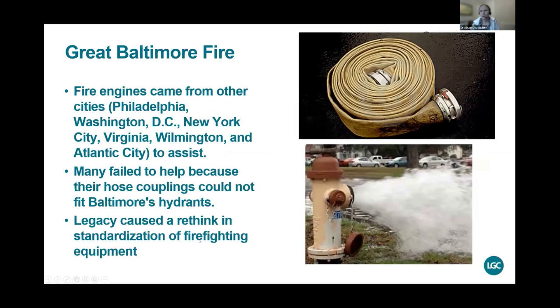Although many fire engines came from other cities to help, many failed to help because they couldn't couple their hoses to the fire hydrants in Baltimore. The legacy caused a rethink in terms of standardization, and obviously this relates to more standardization of the meter, which is one of the key SI quantities, which I'll come back to later in my talk.